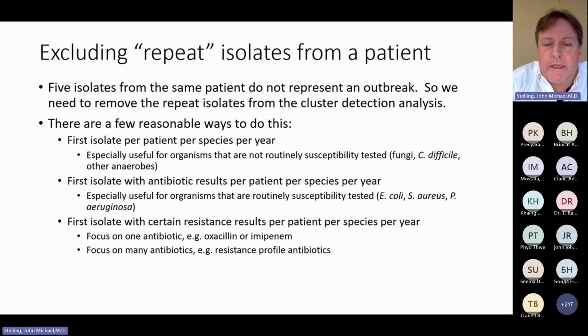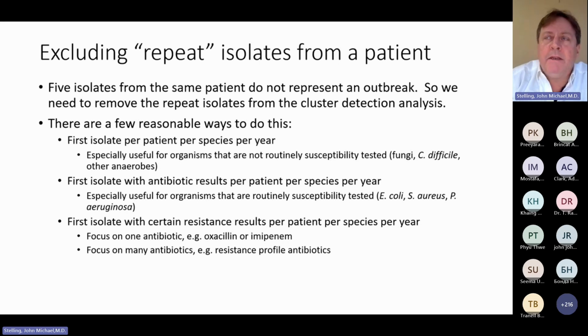In this case, we are not looking at the resistance pattern. So this approach is especially useful for organisms that are not routinely susceptibility tested: fungi, Clostridioides difficile, other anaerobes. We take the patient's first isolate per year per species.